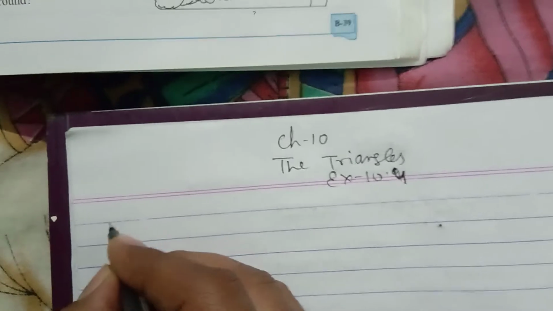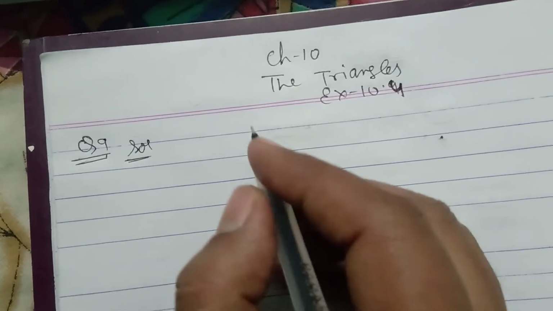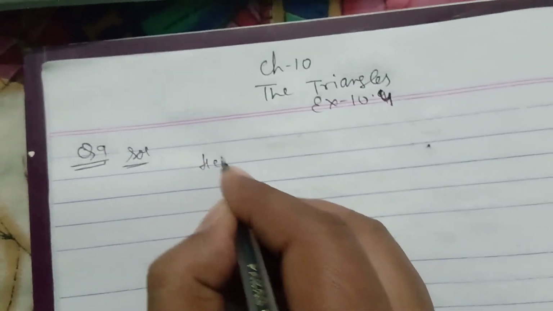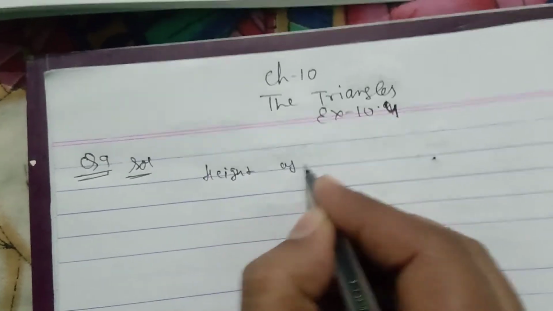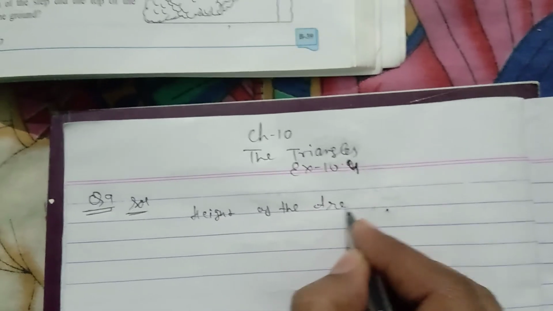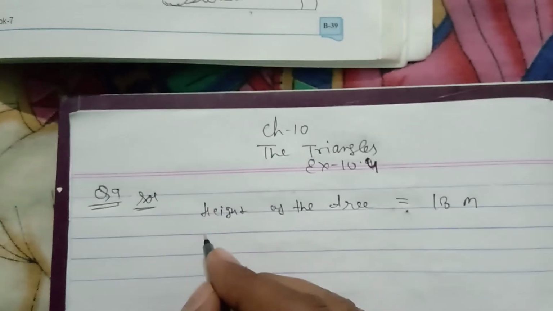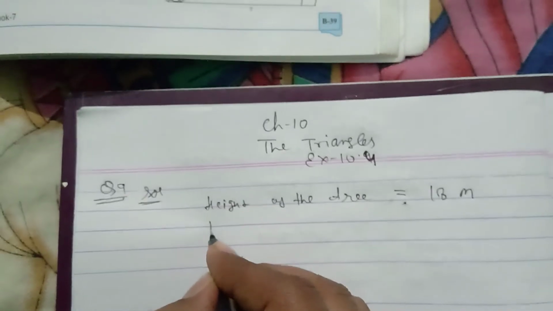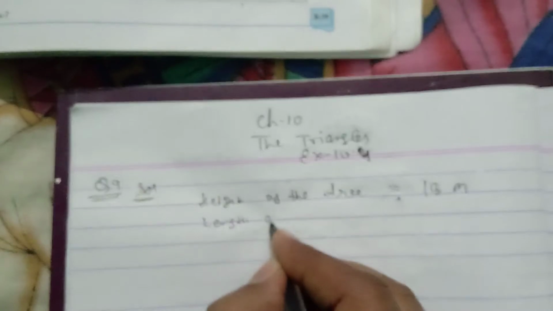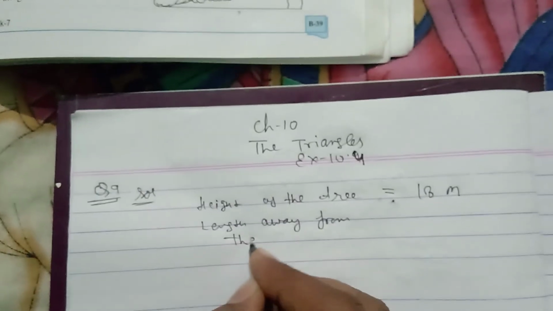So using the given information, the height of the tree is 18 meters and the break is 5 meters away from the ground.